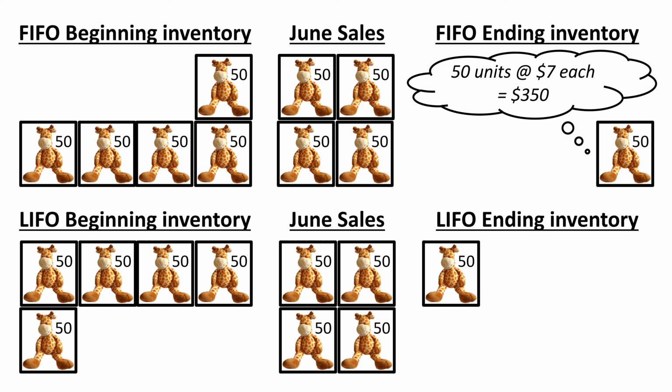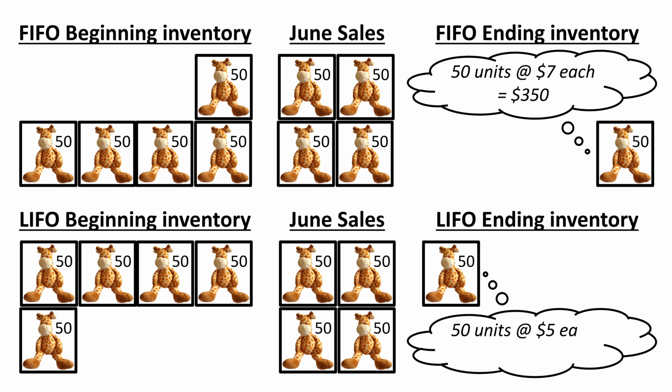When applying LIFO, the ending inventory in June is 50 units valued at $5 per unit, $250. The ending inventory value under LIFO, in this example, is $50 lower than that under the average cost method. And if the inventory value is lower, then the cost of goods sold, the offset, is $50 higher.